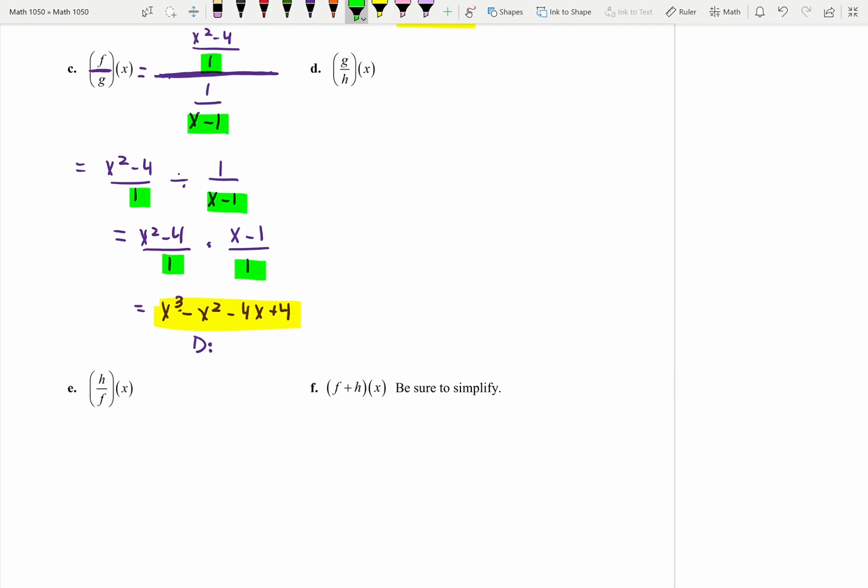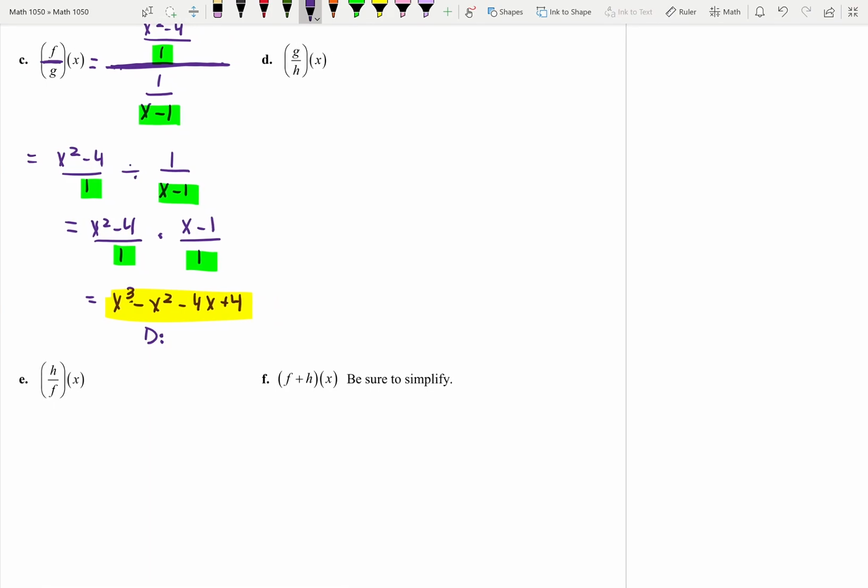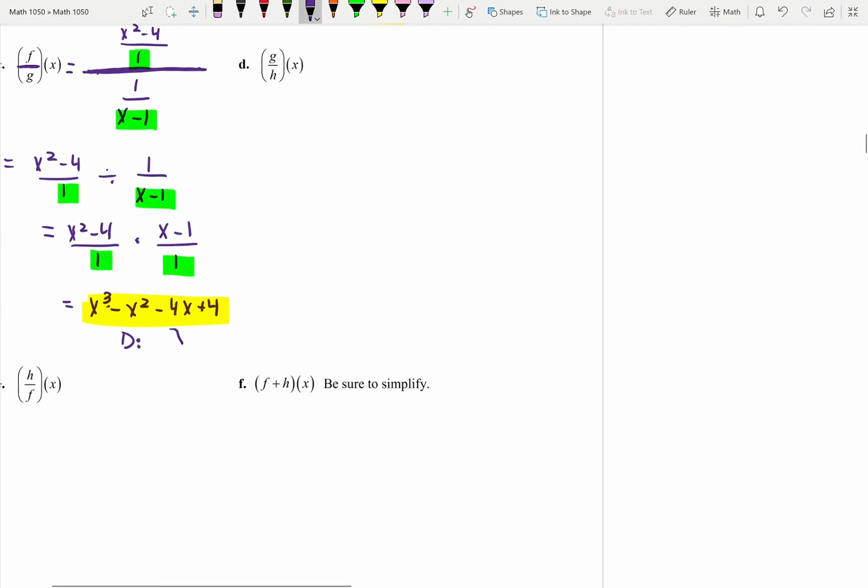I'm just trying to show you, like all those things I just highlighted in green, none of those can be 0 because they were all at some point on the bottom. Okay, so even though that green x minus 1 is not on the bottom in the answer, it was still on the bottom somewhere, so it's still a restriction. X minus 1 can't be 0, so x cannot be 1 is still a restriction on this problem.